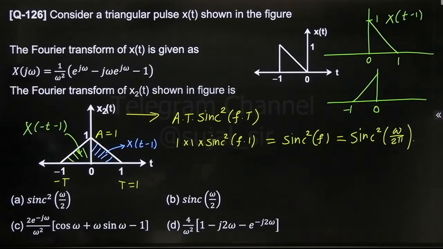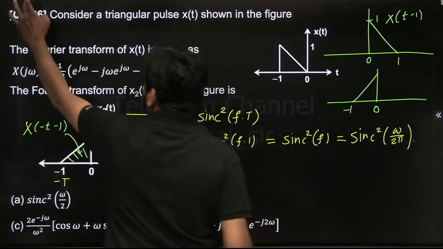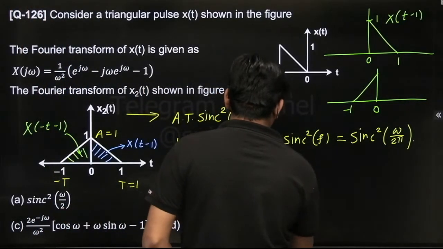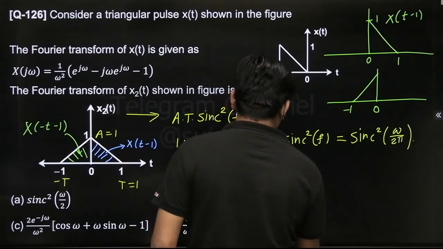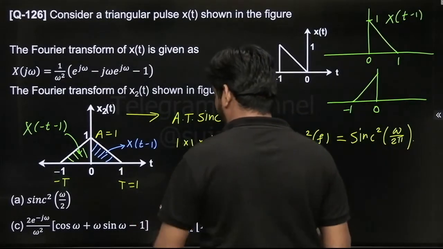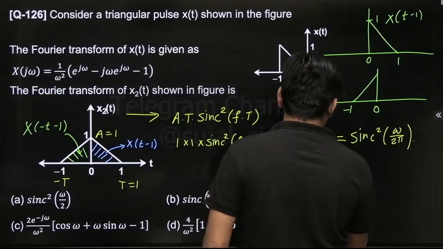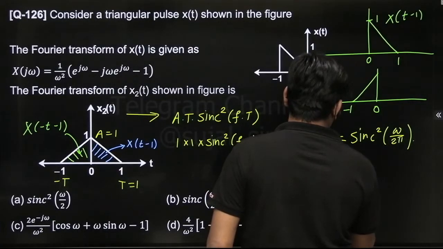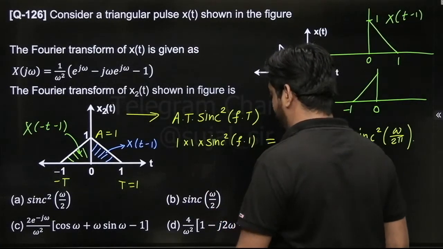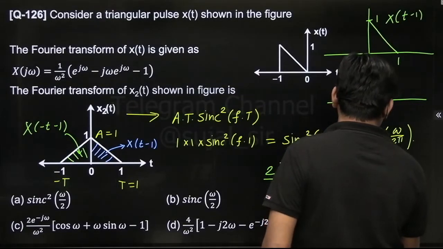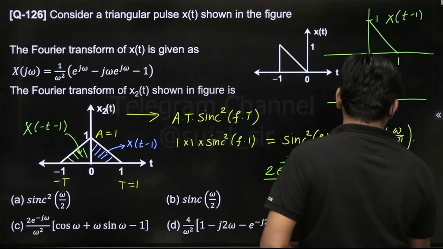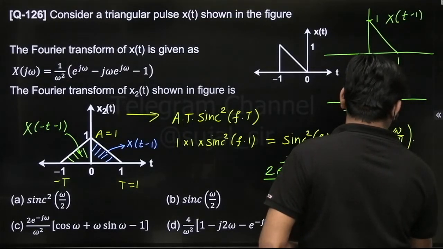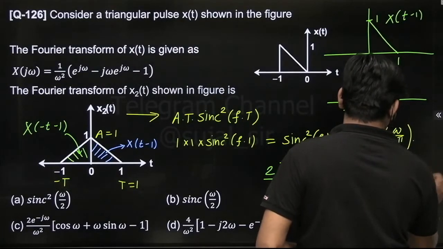So we can check option C, guys. Let us check option C. So 2 e power minus j omega divided by omega square, bracket e power j omega plus e power minus j omega divided by 2, plus omega e to the power j omega minus omega e power minus j omega divided by 2j, minus 1.